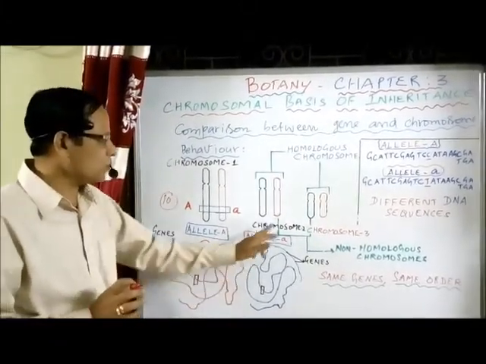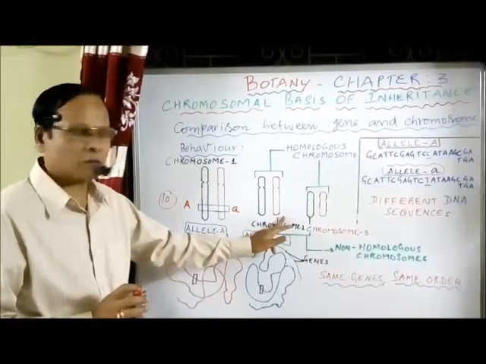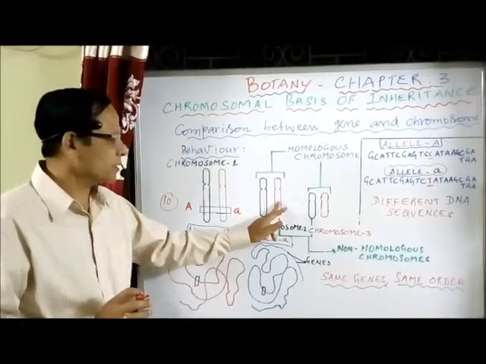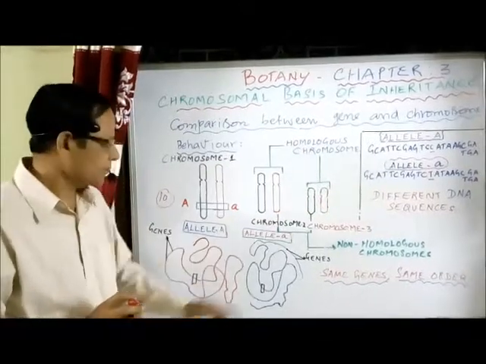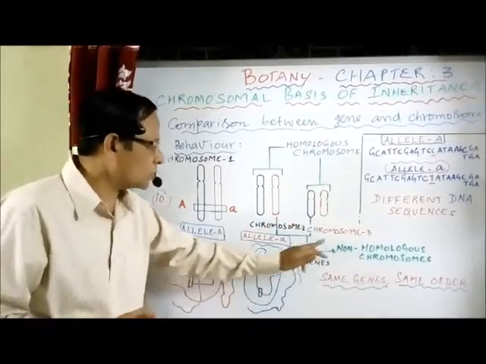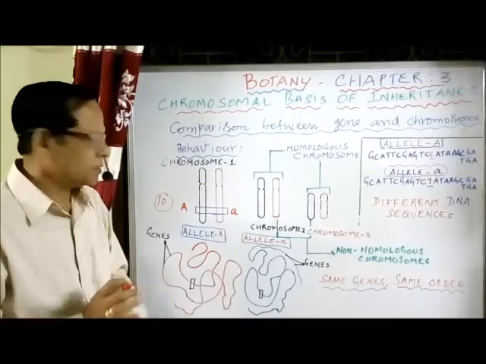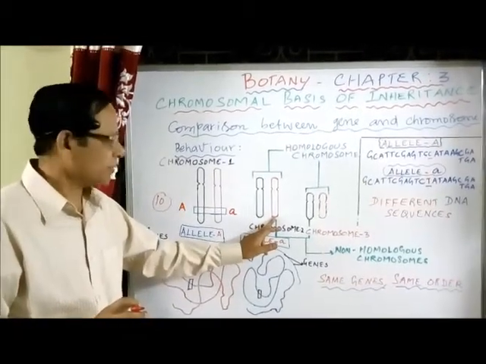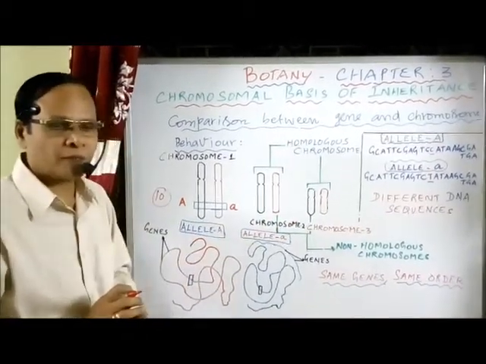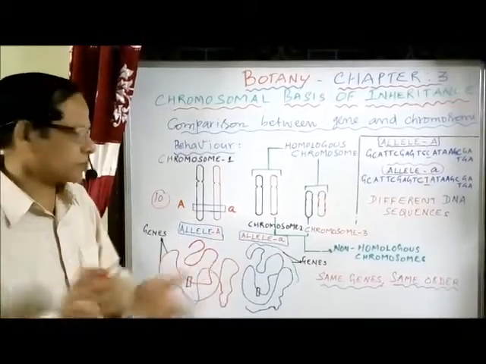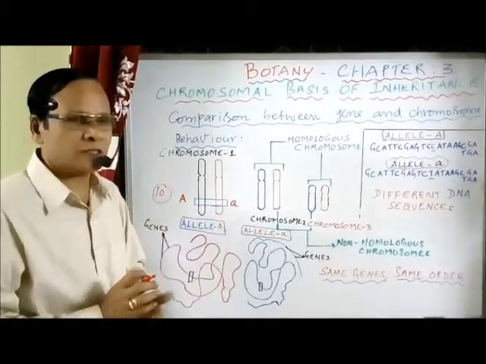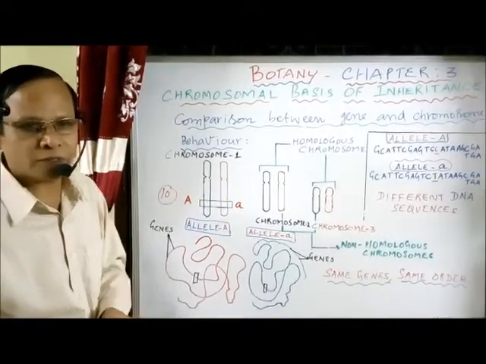If you compare one homologue of one pair with the homologue of another pair, these two are called non-homologous chromosomes. The member of one pair and the member of another pair are considered non-homologous because they are different from each other, either in size, in number of genes, or in the arrangement of genes.